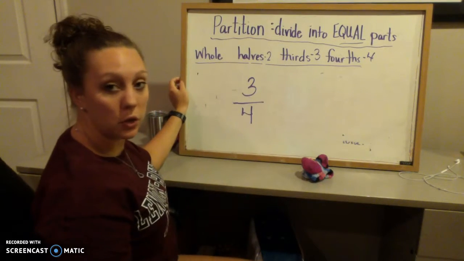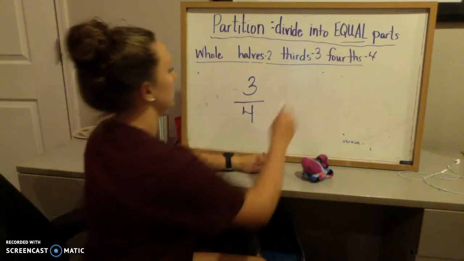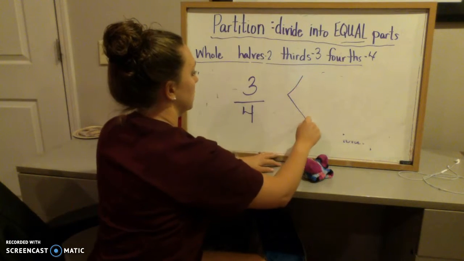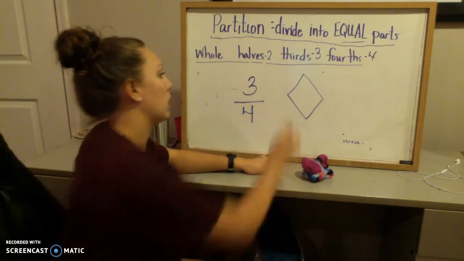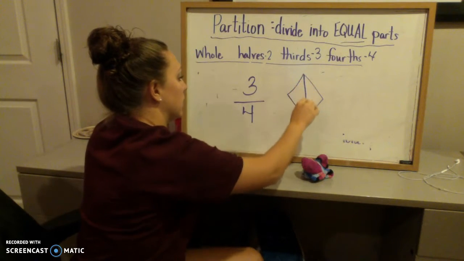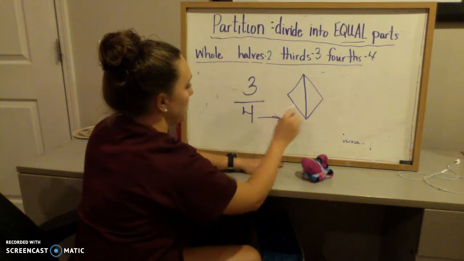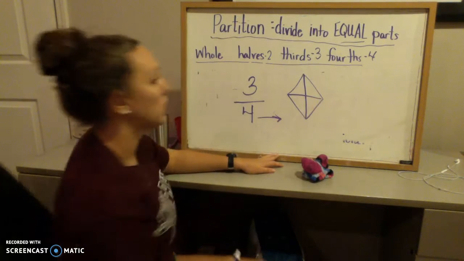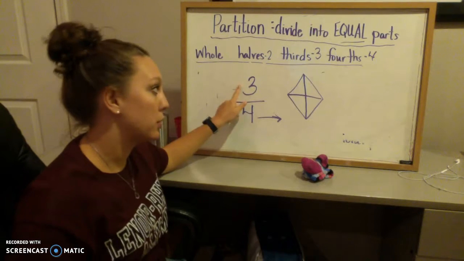And I told you that you could do that however you wanted to. Let's just say I chose a rhombus. How many total parts would there have to be? There would have to be 4 total parts. How many of those parts would I have to shade? 3.